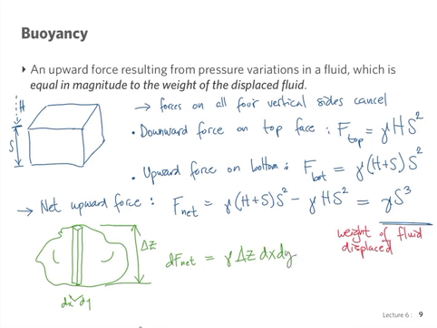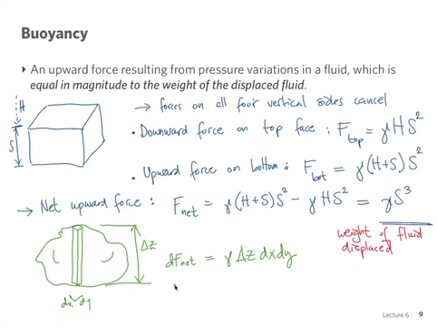And now we can add up all the contributions of little columns like that to complete the whole body. So naturally, by adding all of those forces, we'd have the total volume in the end.